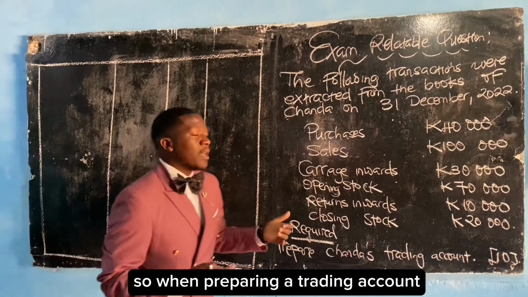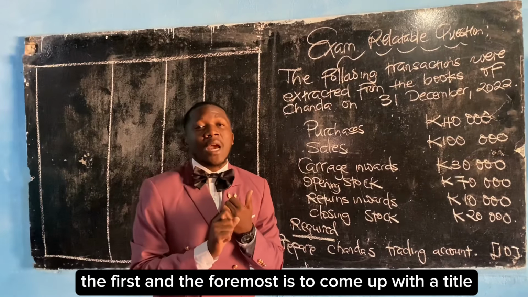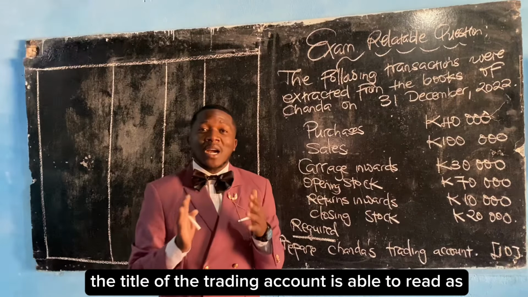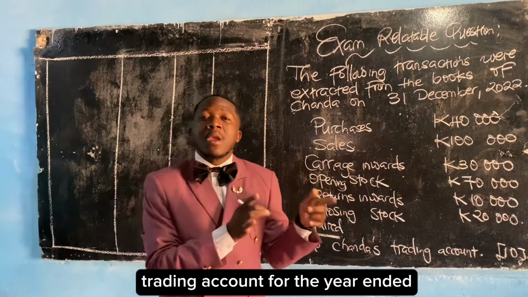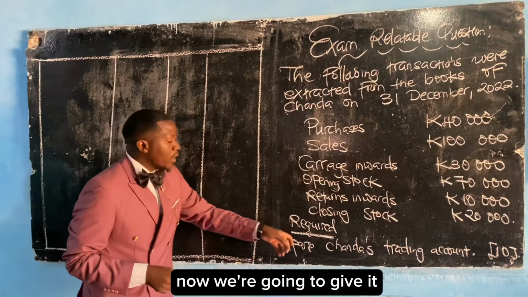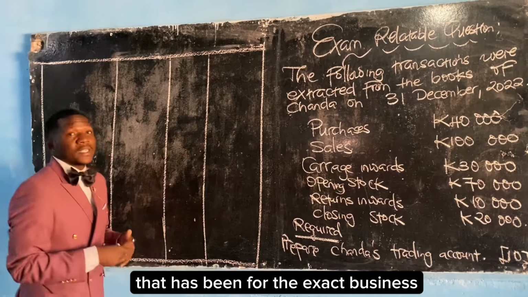So when preparing a trading account, the first and the foremost is to come up with a title. The title of the trading account is able to read as Trading Account for the Year Ended. Now, we're going to give it in reference to the name that has been for the exact business.